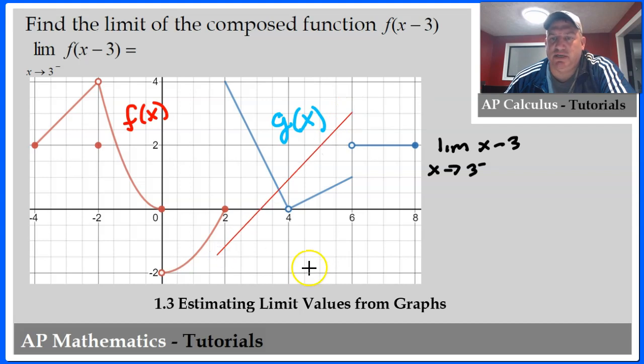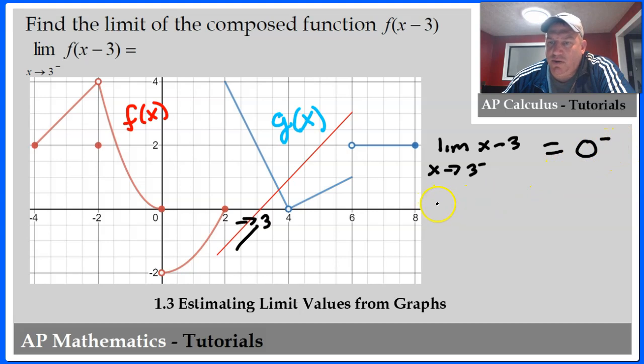There's my x minus 3 function. The limit of this function as x approaches 3 from the left: here's my 3. As we approach 3 from the left, we are climbing up through 0. So the limit is 0. However, it's a 0 through the negative numbers, or less than 0. So it's very important that we actually have a little minus sign here.